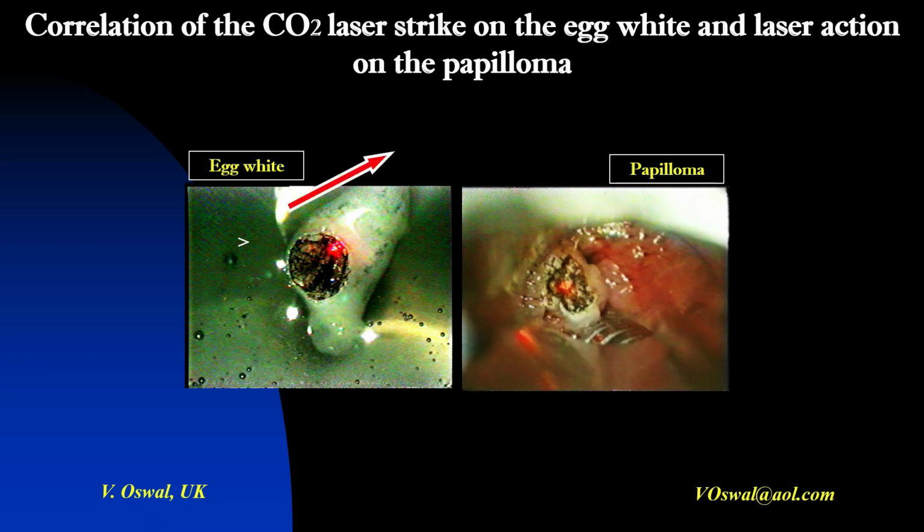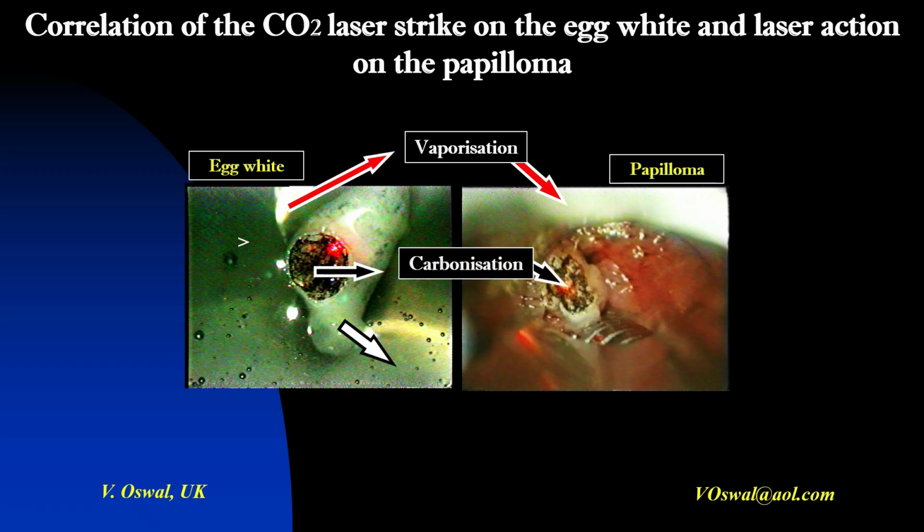Initially, there is vaporization of the water content. It is followed by charring, which is surrounded by a zone of coagulum. The egg white experiment is thus an excellent model for understanding and teaching the effects of laser spread within solid tissue.